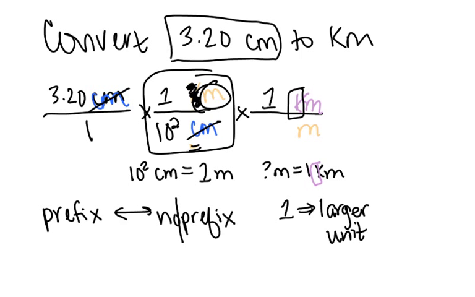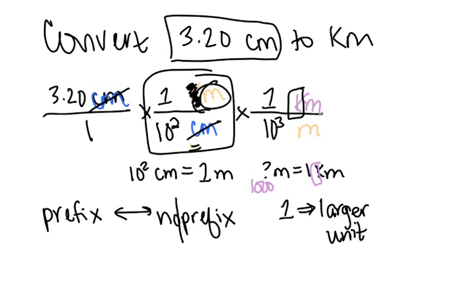So the power of 10 for kilo is 10 to the third. So again, what this fraction actually means, 10 to the third is 1,000. So you're telling me by writing this step that 1,000 meters equals 1 kilometer. And that should make sense.